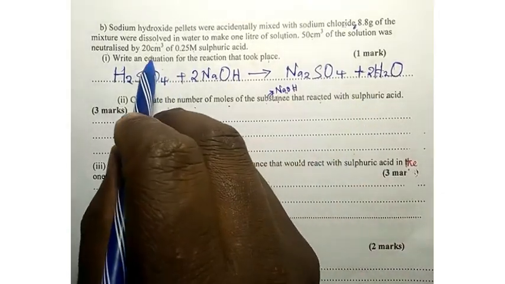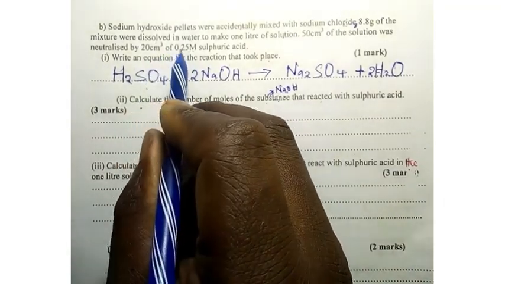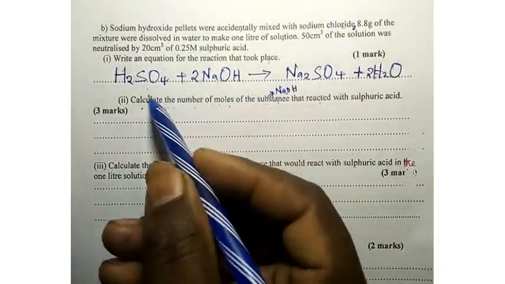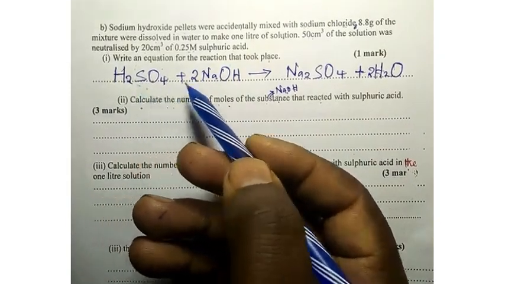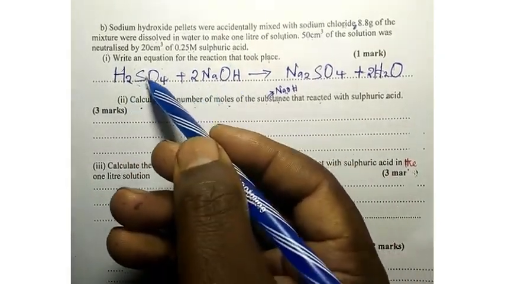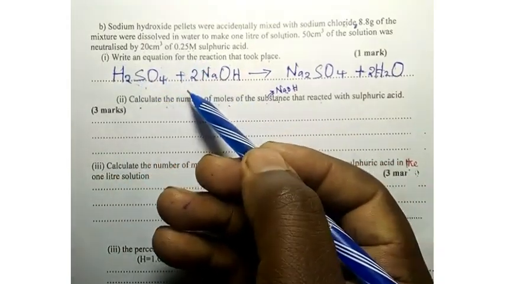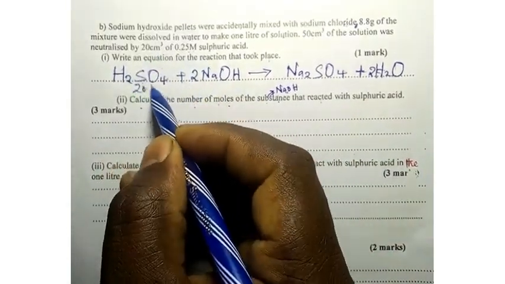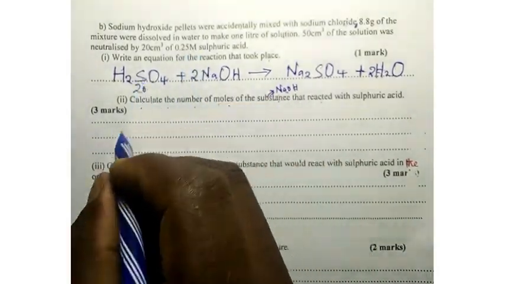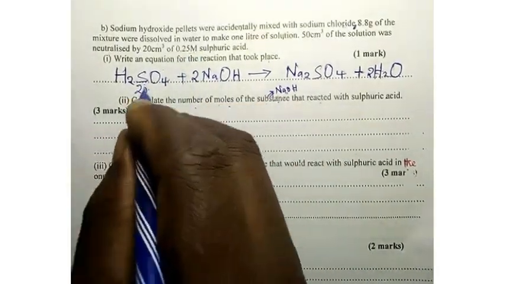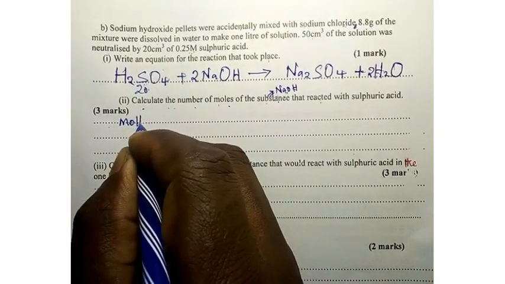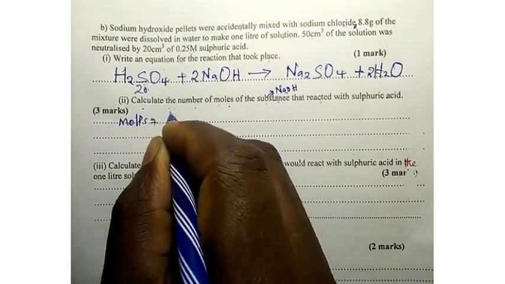We have been given the concentration. We don't have the concentration of sodium hydroxide, but now we know the relationship with sulfuric acid using this equation. So we will start from what we know, the known to the unknown. We know that 20 centimeters cube reacted with it. So we start there, where we have the molarity of sulfuric acid. So moles of sulfuric acid first.